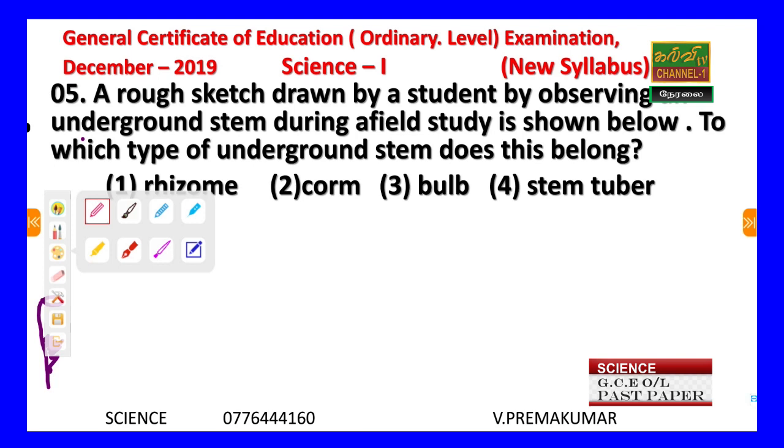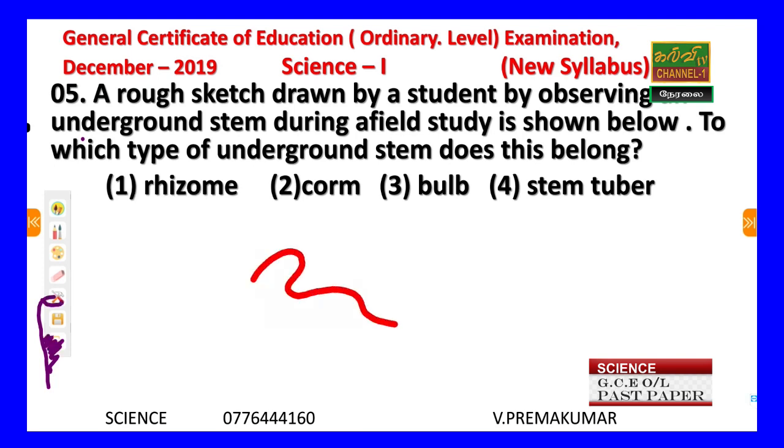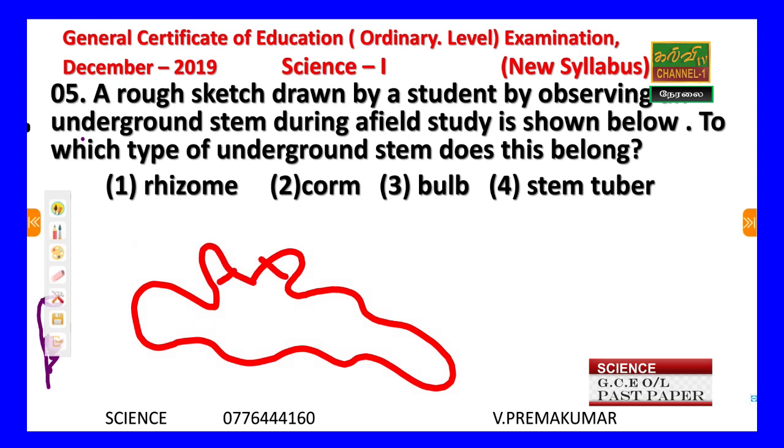They have given the sketch map, which is not printed here. To which type of underground stem does this belong? Yes, rhizome. That is the answer.